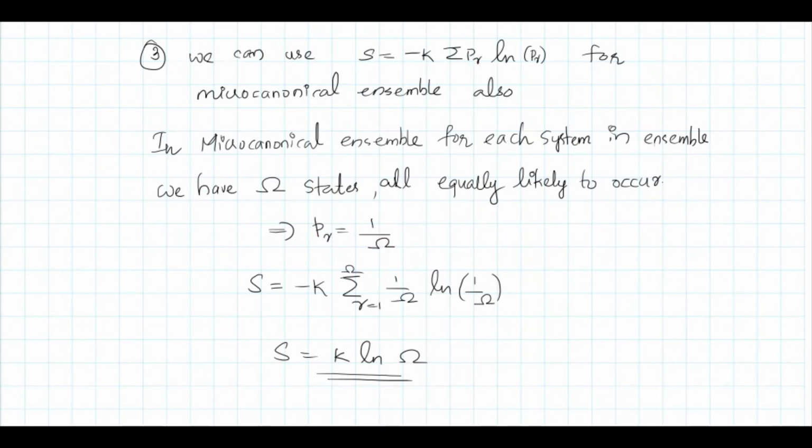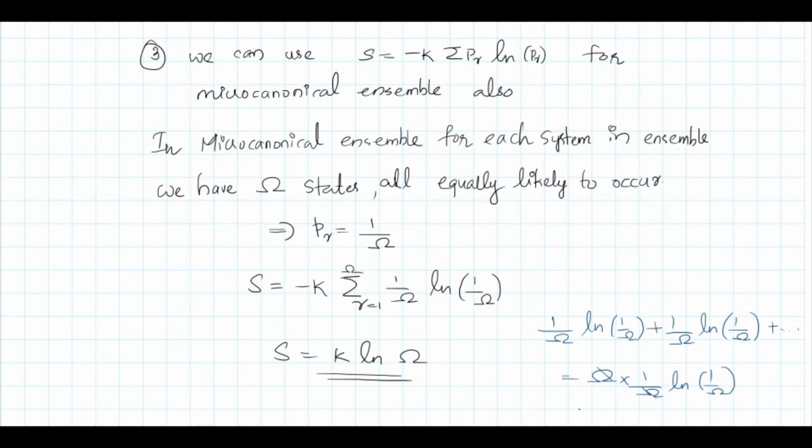If you calculate the sum, you will get minus k sigma r equal to 1 to omega, 1 by omega log 1 by omega. You add it omega times, that means omega into 1 by omega log 1 by omega. This omega and omega will cancel.